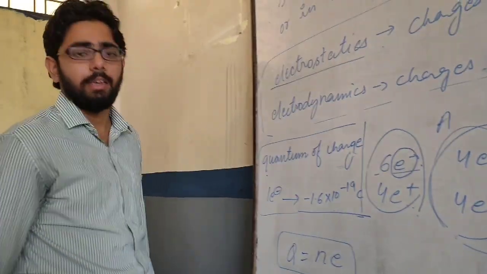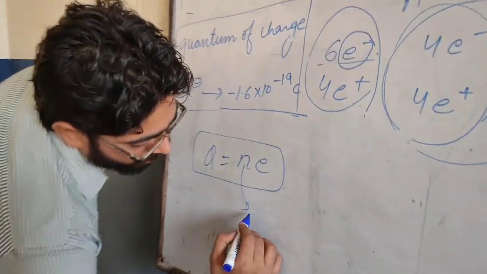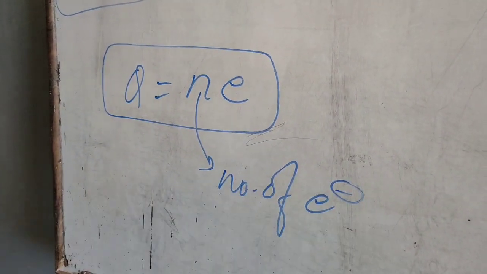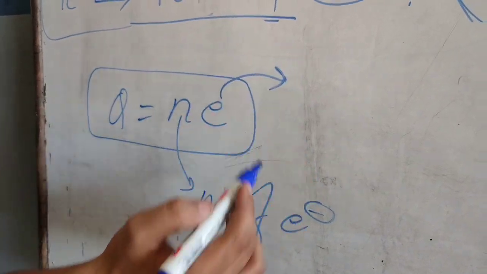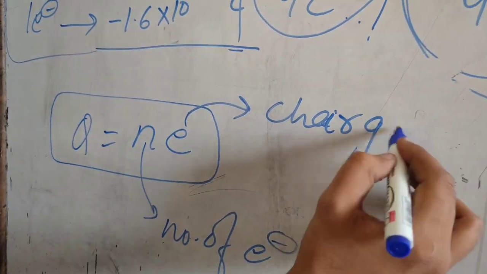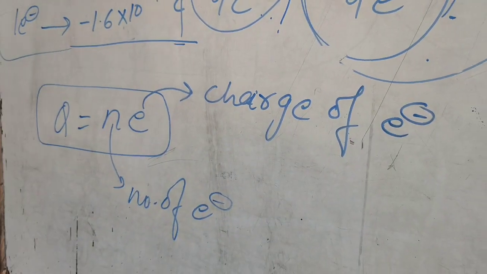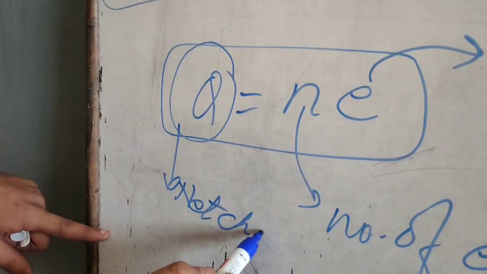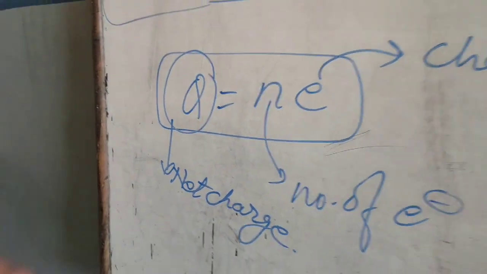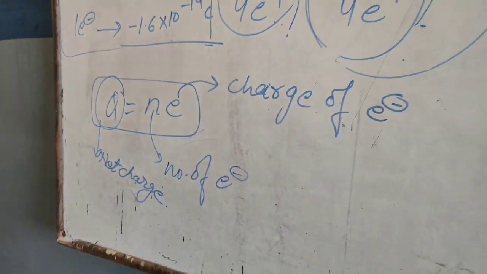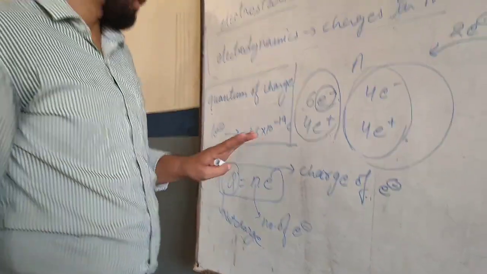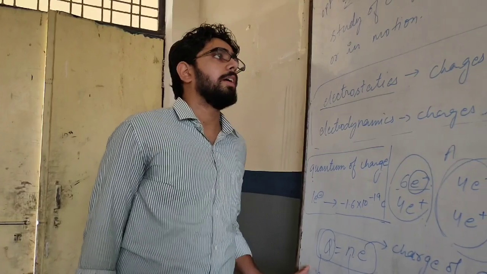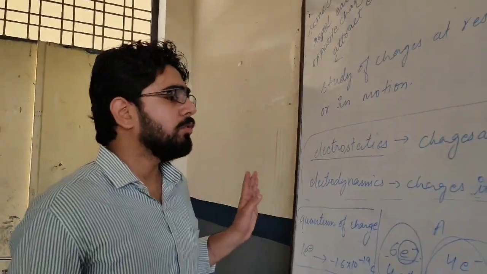Q equals n e, where n is the total number of electrons present, e is the charge of an electron, and Q is the net charge. This gives the law of quantization of charge. That means charge can be quantized as a quantum of charge; n times the electron charge gives the net charge. Here we complete the topic related to charge.